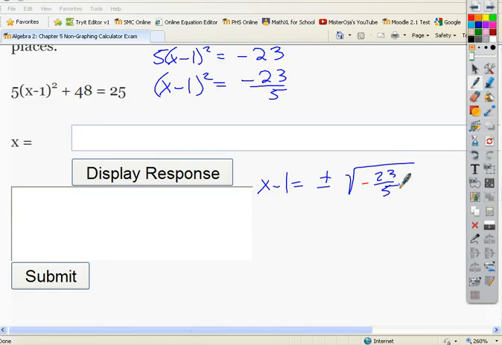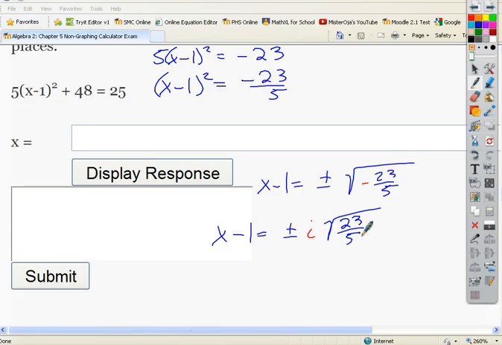Last step. Add 1. So then finally I get my answer: x equals 1 plus or minus i times the square root of 23/5. Now it wants the positive complex coefficient, so we're going to take the plus sign.